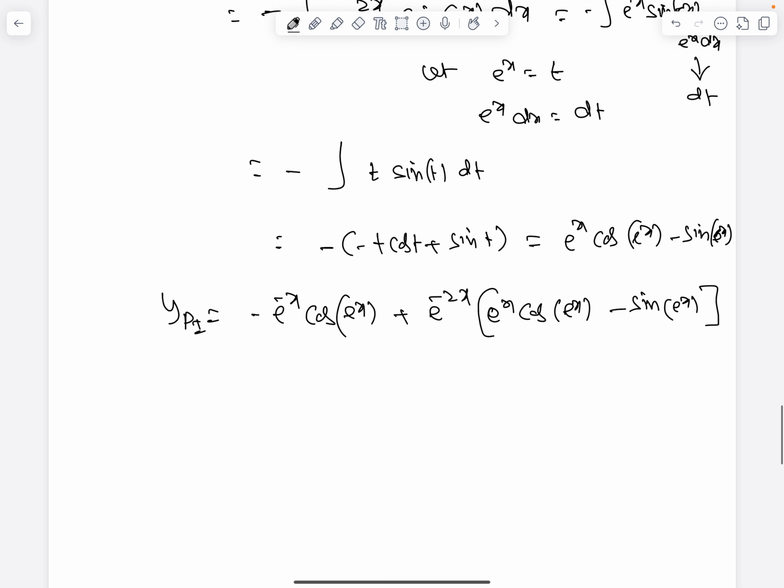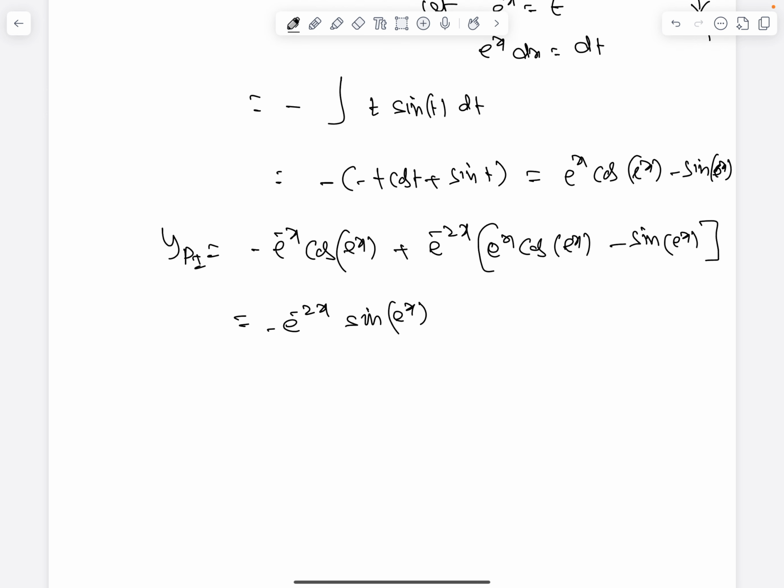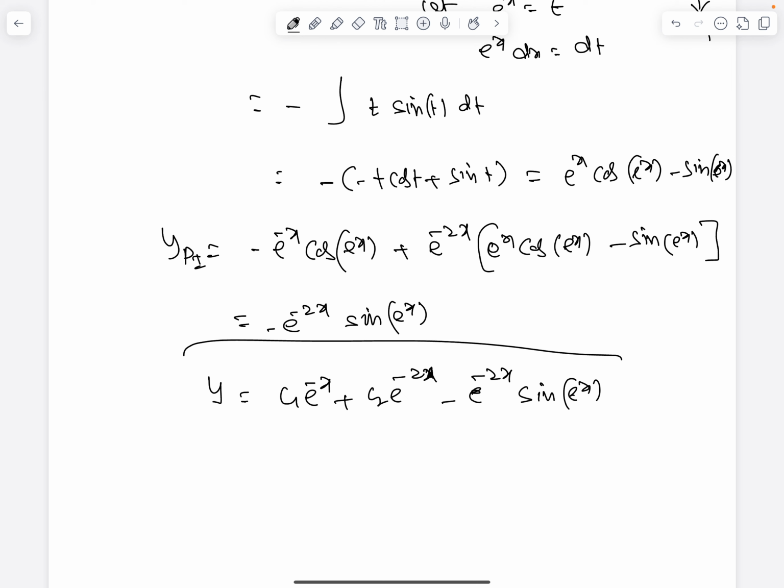After simplification, this is minus e^(-2x) sin e^x, which is y_p. Therefore, the general solution is y equal to c1 e^(-x) plus c2 e^(-2x) minus e^(-2x) sin e^x. This is the general solution to the given differential equation.